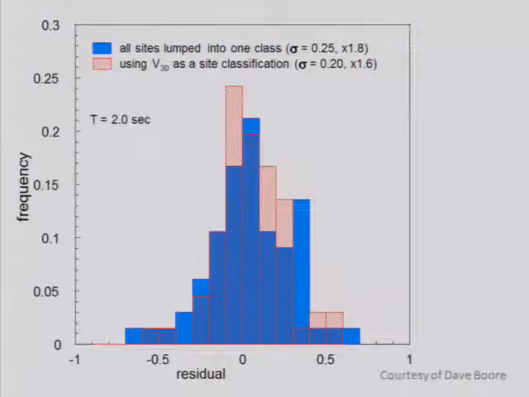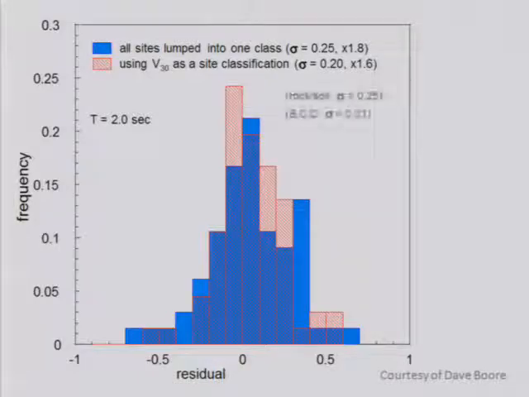And if we look at the resulting sigma values, leaving site class out of the equation at all for PGA gives 0.25 in log 10, which means the 84th percentiles are 80% bigger than the medians. By going all the way through to VS30, it's down to 0.2, and they're only 60% bigger at the 84th percentile than the median.